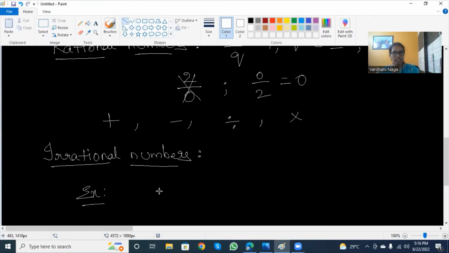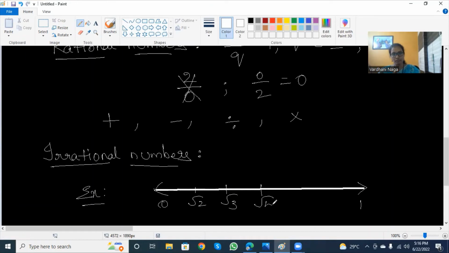if we draw a number line, this is 0 and this is 1. In between 0 and 1, we have infinite numbers like root 2, root 3, root 4, root 5 that we can represent.